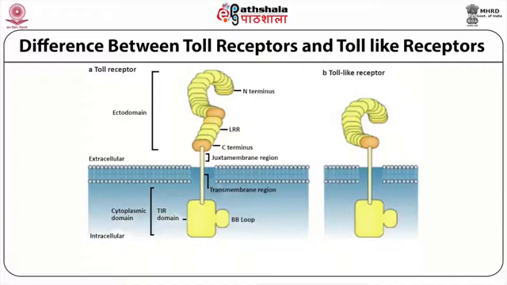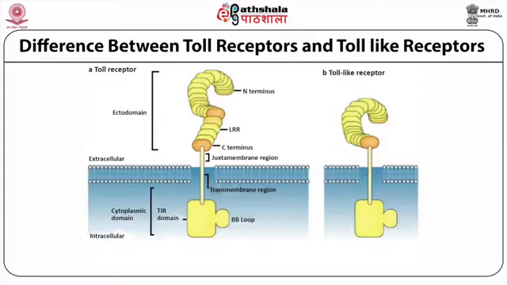Toll-like receptors have different structures in the extracellular domain as compared to the toll receptors initially observed in the fruit fly. Part A of the figure shows the toll receptor, and you can see that the extracellular part structurally looks very different from the toll-like receptor.